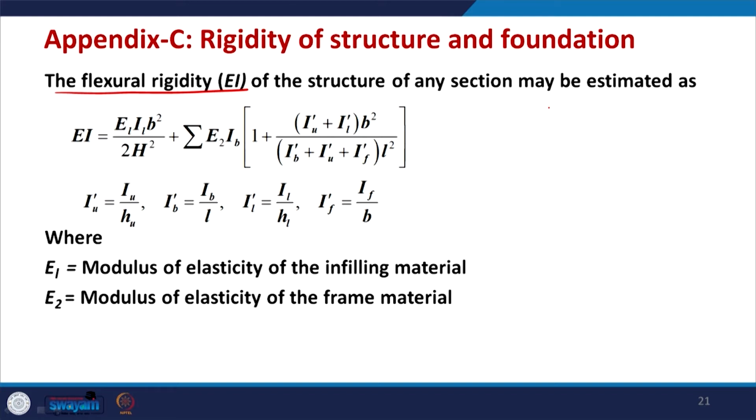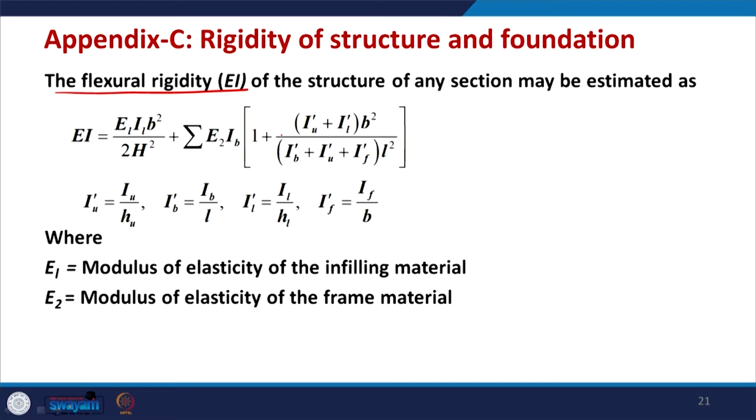Now, on the right hand side, IU prime is the value of IU normalized with height HU, IB normalized with l gives IB prime, IL normalized with HL gives IL prime, and finally IF normalized with B gives you IF prime. So, once we know these 4, IU prime, IB prime, IL prime, IF prime, we substitute here.